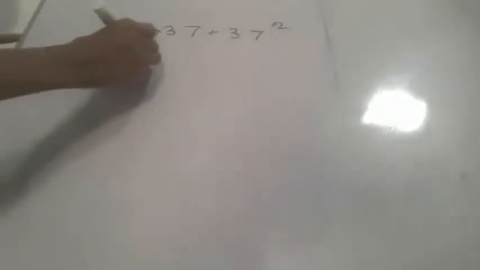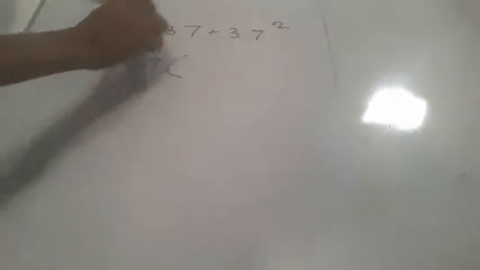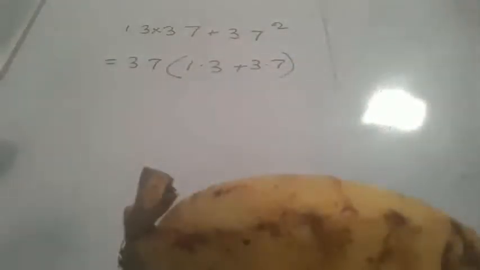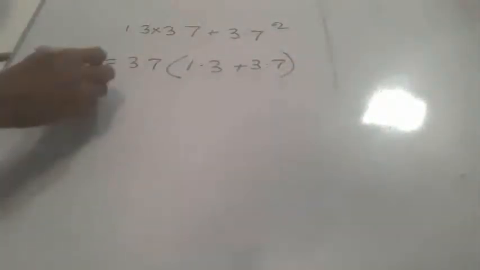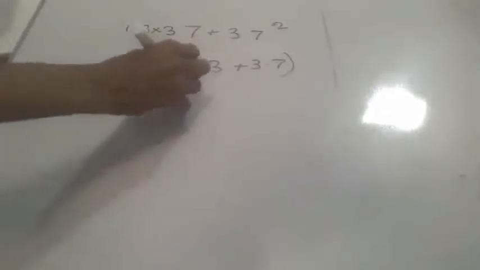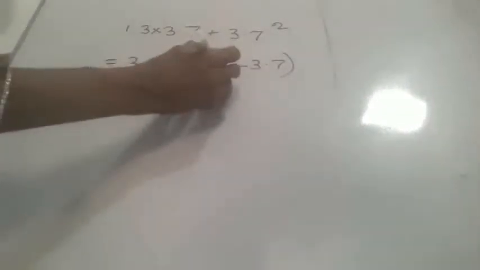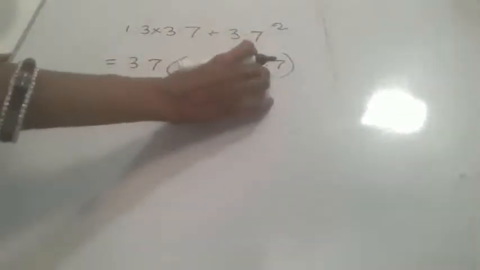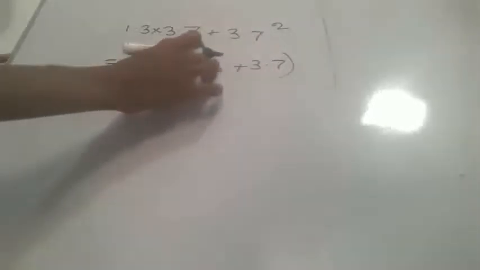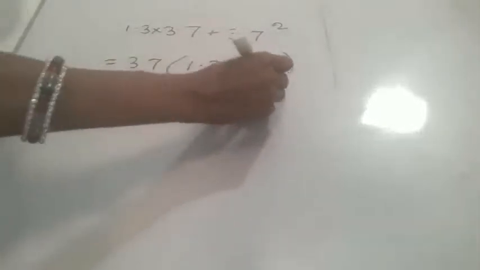1.3 times 3.7 plus 3.7 squared. 3.7 is a common factor. 1.3 plus 3.7. 3.7 is multiplied by the addition of these two numbers. 7 plus 3 is equal to 10.